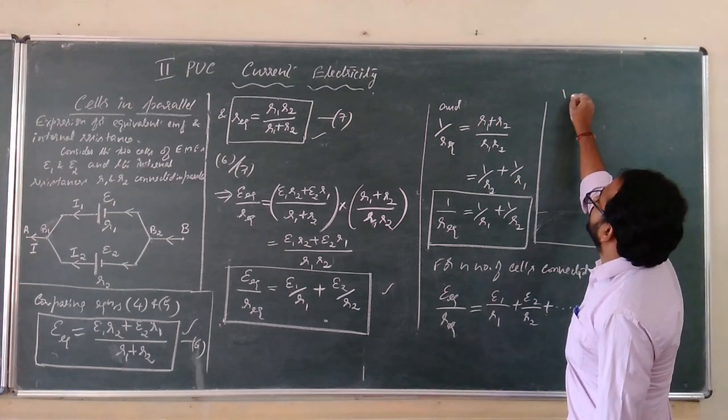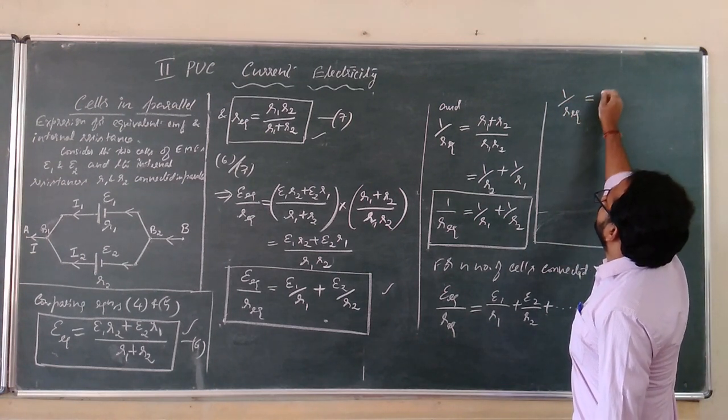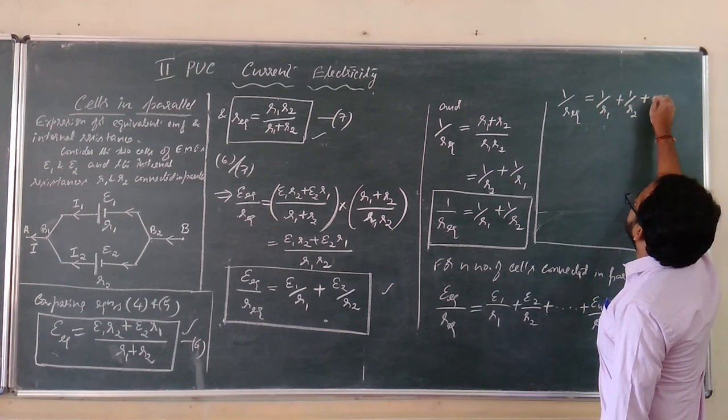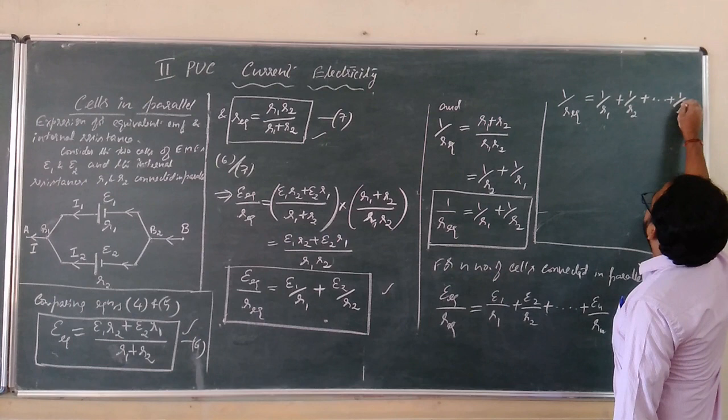And what about R equivalent? 1 by R equivalent is 1 by R1 plus 1 by R2 plus up to 1 by Rn.